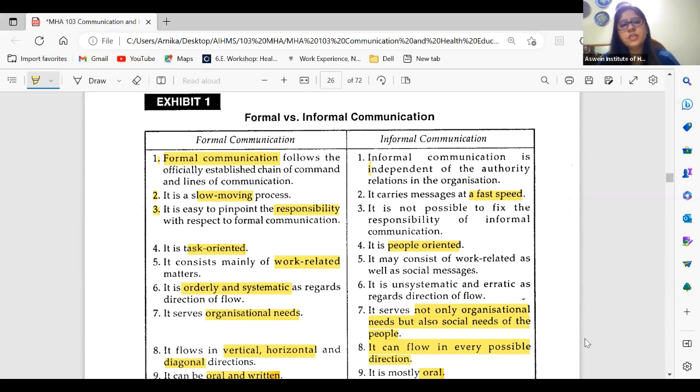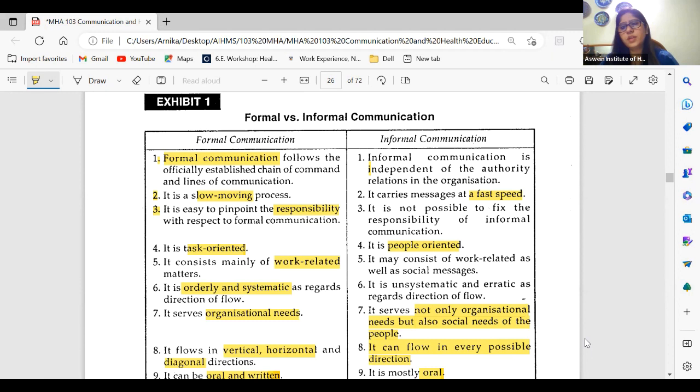First, what happens in formal communication. As we have discussed, these are official communications. These have chains, lines of communication. It can be vertical communication or horizontal communication.